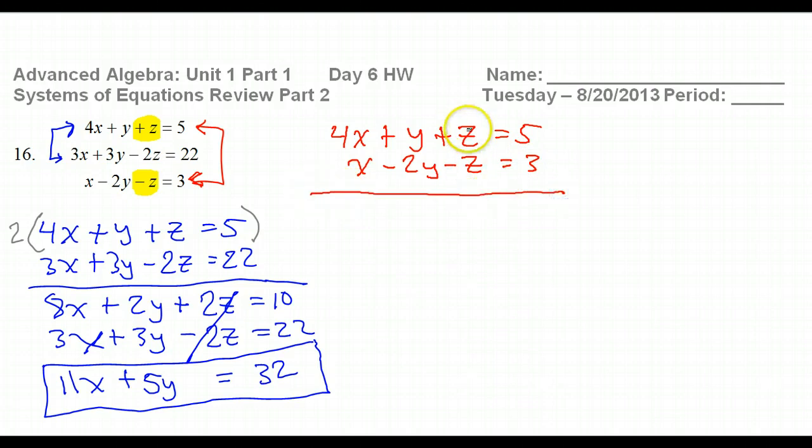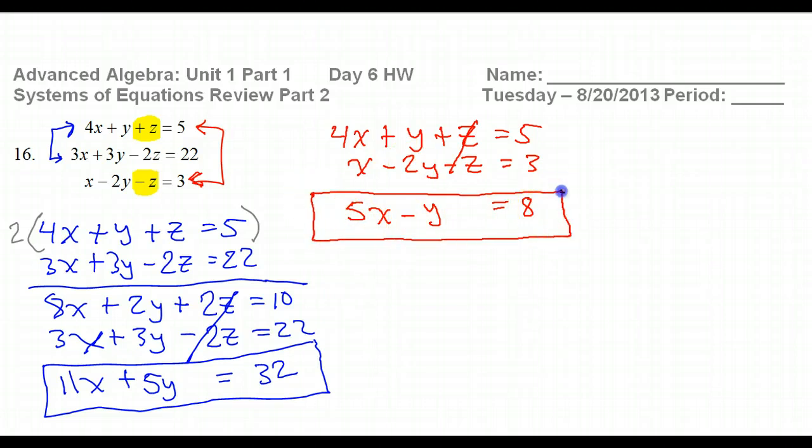Alright, I love this one because it already has opposites, so I don't even have to multiply. That's nice. So that's going to give me 5x minus 1y is equal to 8. Yep. No common factors, so I'm going to put a box around this one and save it for later.